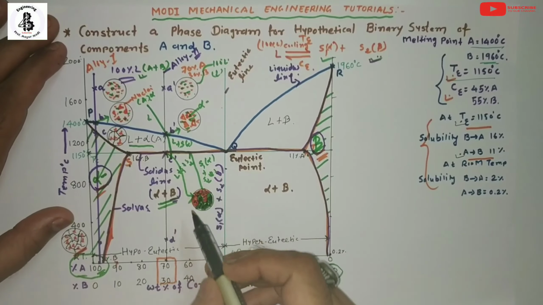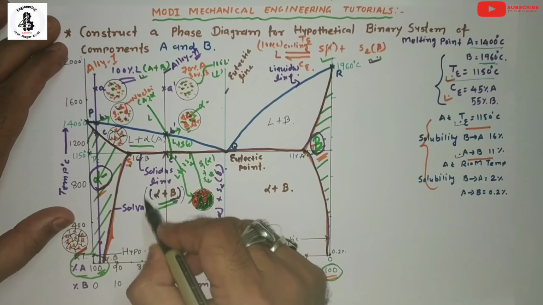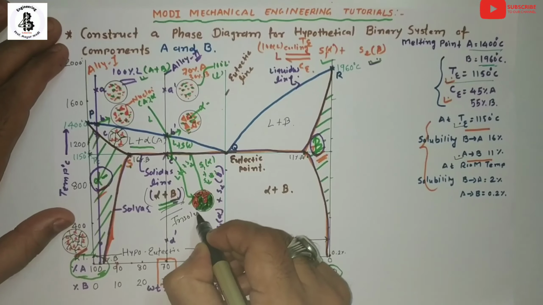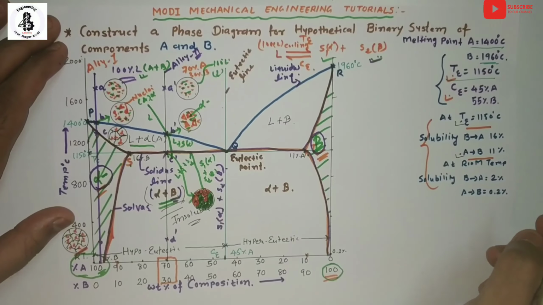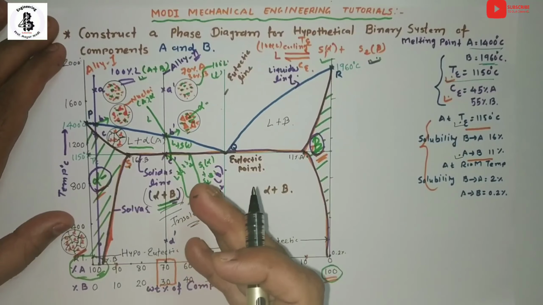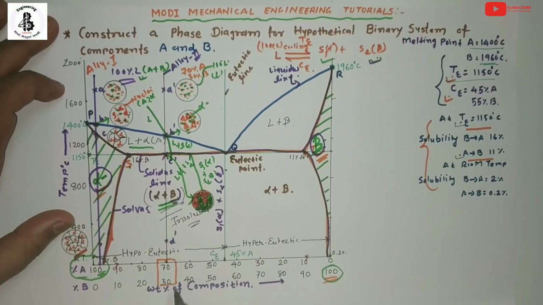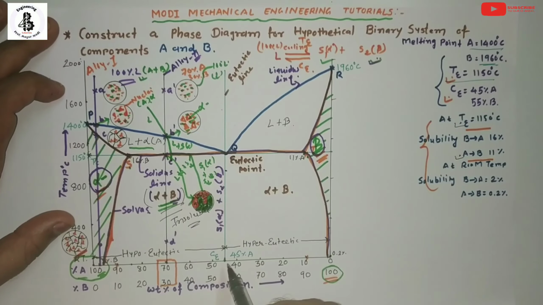Just below the eutectic, it forms the alpha plus beta structure, which is insoluble in the solid state. So this is the theory about the second alloy, which is the hypo-eutectic transformation.